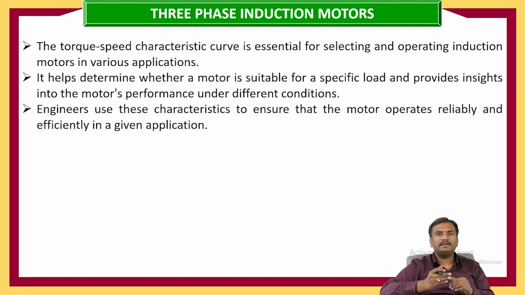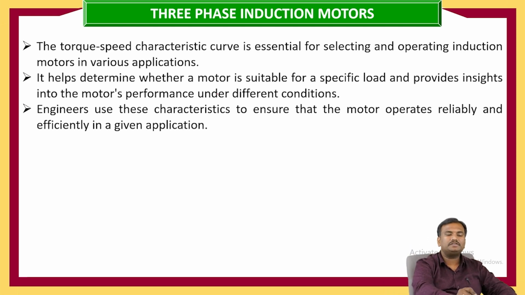So whenever there is an application, we have to check the characteristics. Based on the characteristics, we can choose the motor with different speed conditions and torque conditions, and it helps determine whether a motor is suitable for a specific load and provides insights into the motor's performance under different conditions.